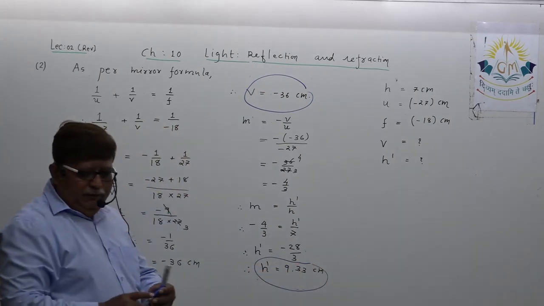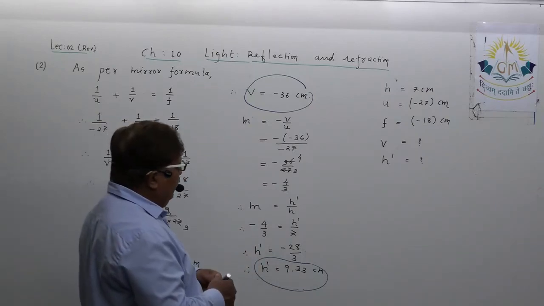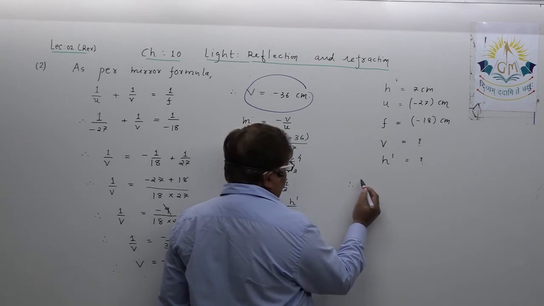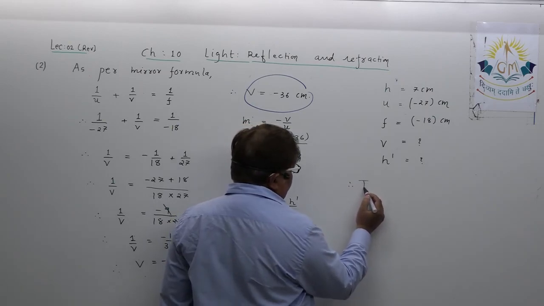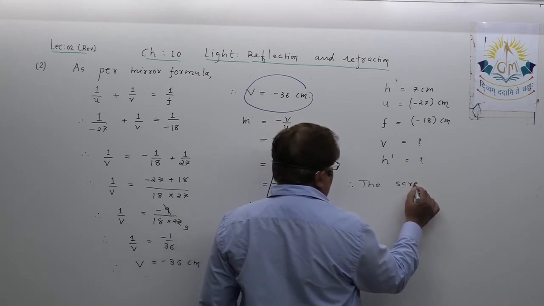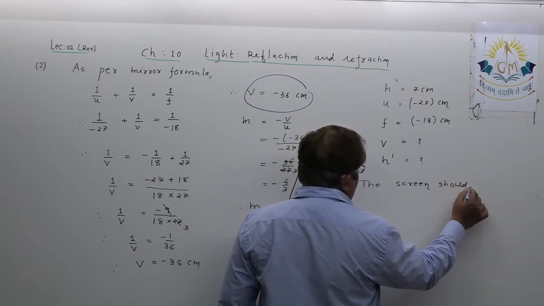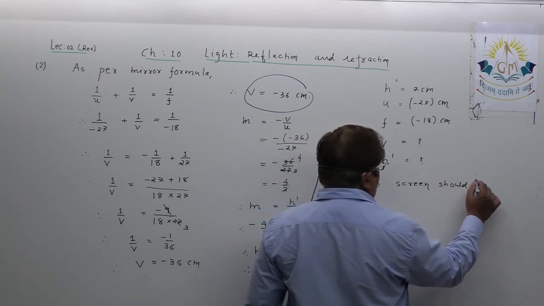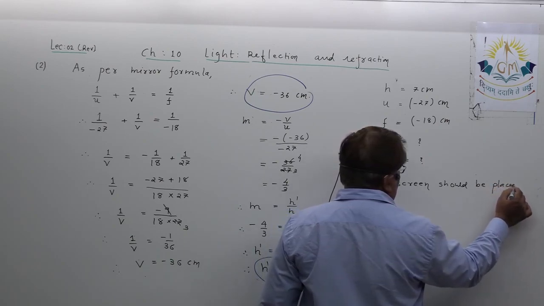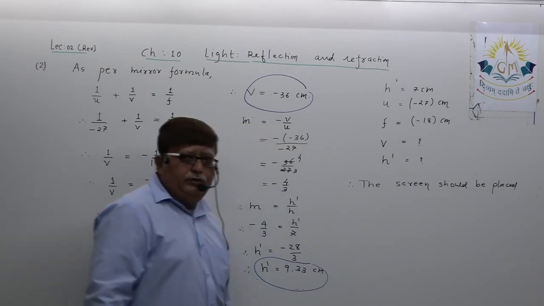After you got this particular answer, you can write the statement in this way. Therefore, the screen should be placed. Final statement. Understand that's a conclusive statement of the sum.